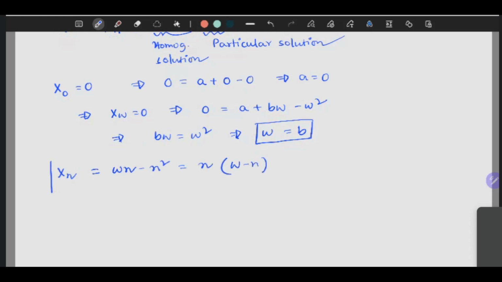So you can get this solution of expectancy as n times (W minus n).